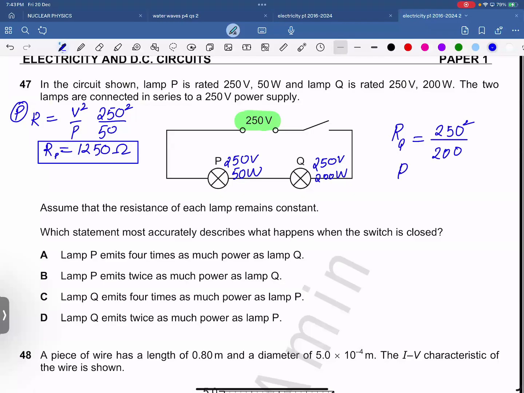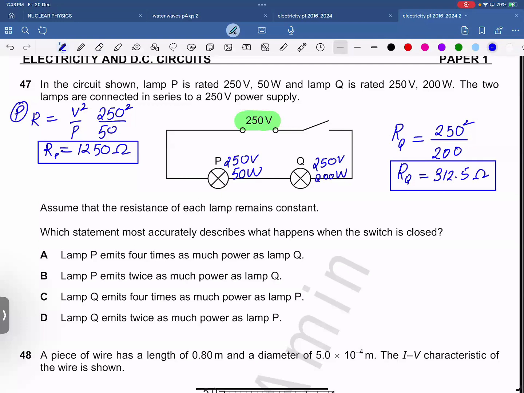Let's see if anyone was able to even solve it correctly. Now the power dissipated. What is the same for both of them? Current. The voltage they will not get.